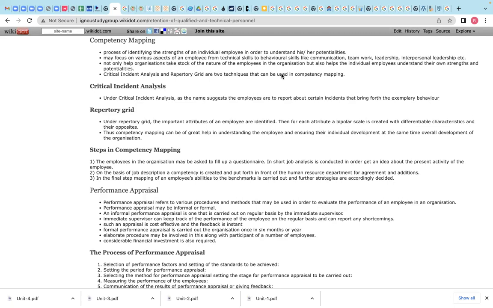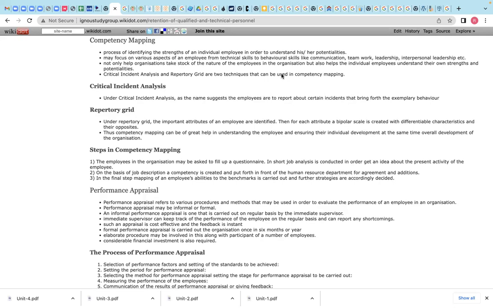So first is the questionnaire, second is the job description, and the third is that you derive things from the questionnaire and the job description. That is the three steps.